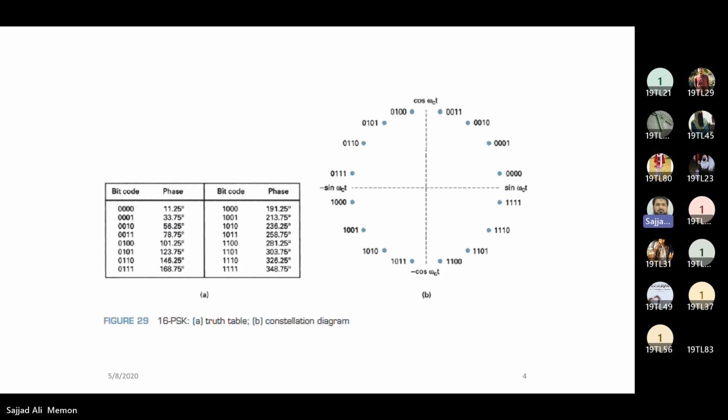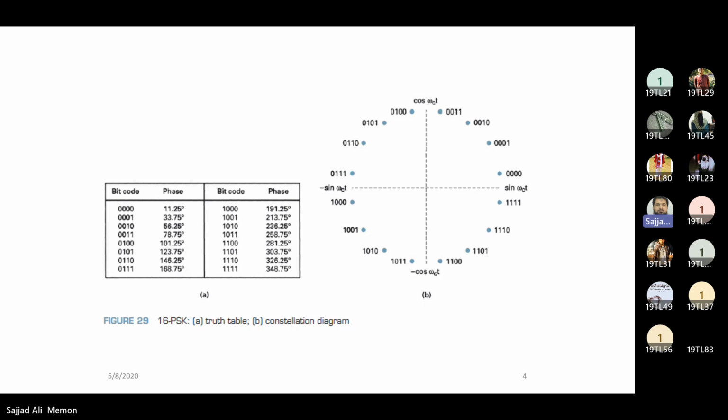more bits in less bandwidth. If B is the bit rate, then the bandwidth requirement will be FB by 4. That means we can transmit 4 times the bit rate in the same bandwidth.